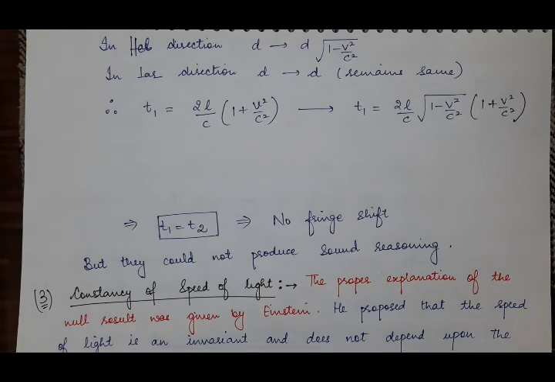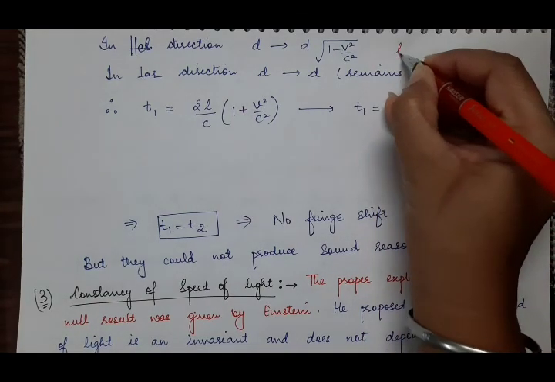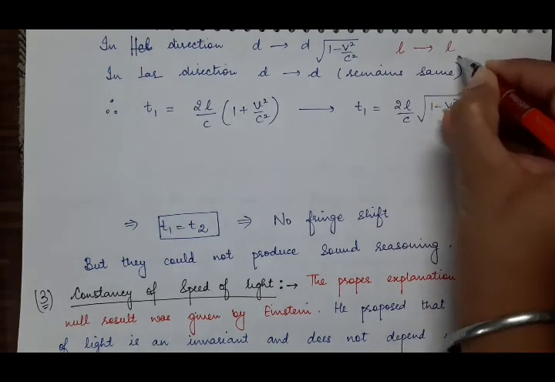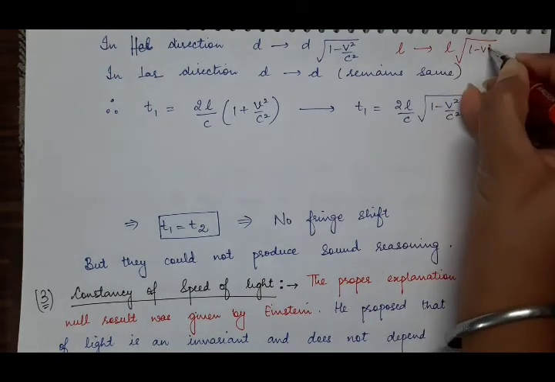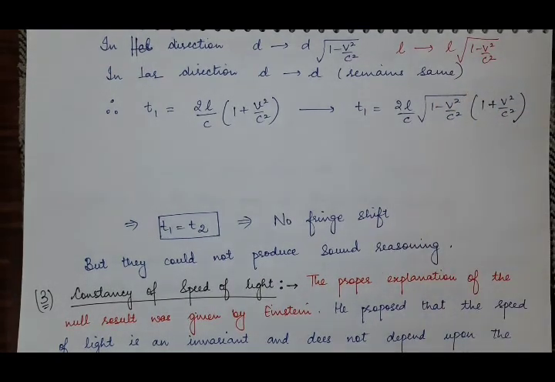So in the parallel direction, light beam 1 is covering distance L, moving in a direction parallel to the direction of motion of Earth. So this L will change to L root 1 minus v square by c square in our case.